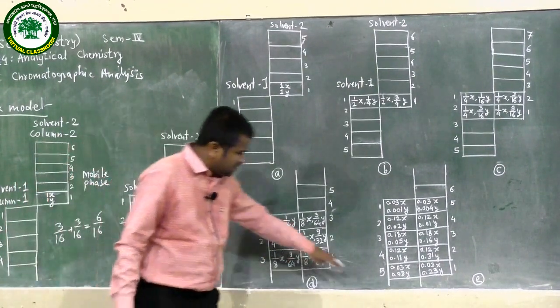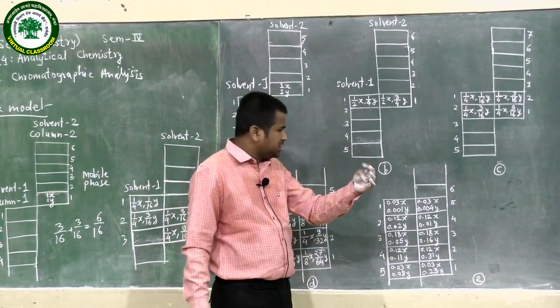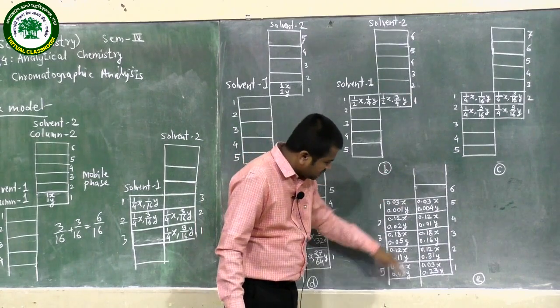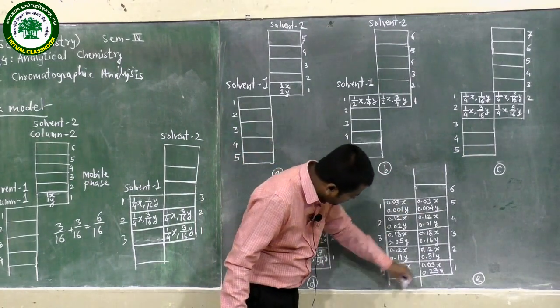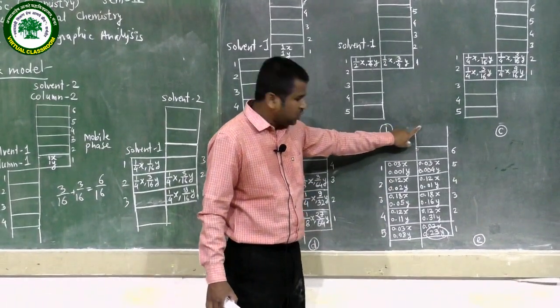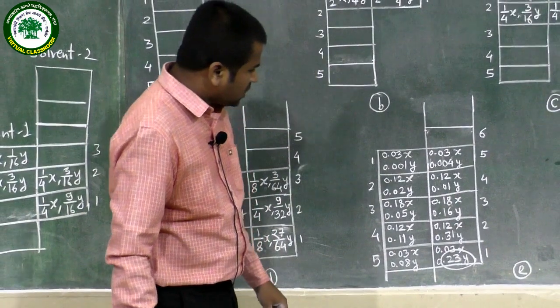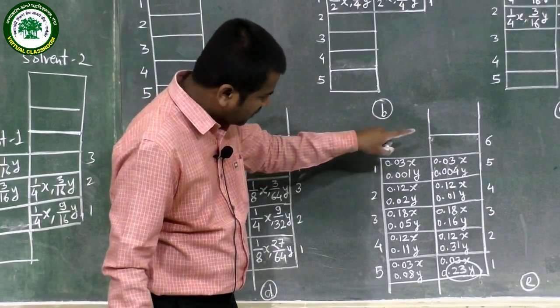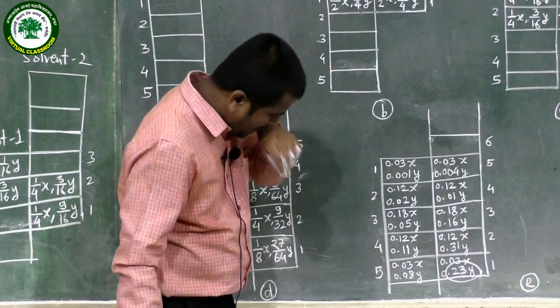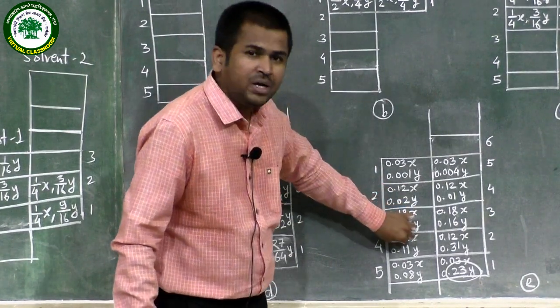Here is another picture E, where after 5 distributions the picture is like this. Here you can see the concentration of Y in solvent 2 goes on increasing, while the concentration of X goes on increasing in solvent 1.